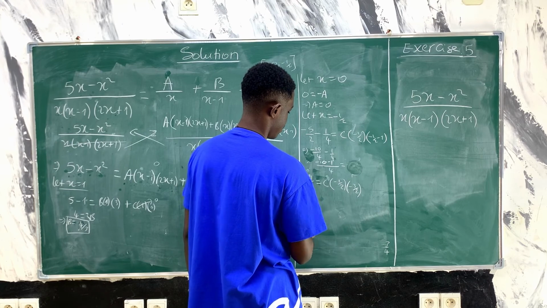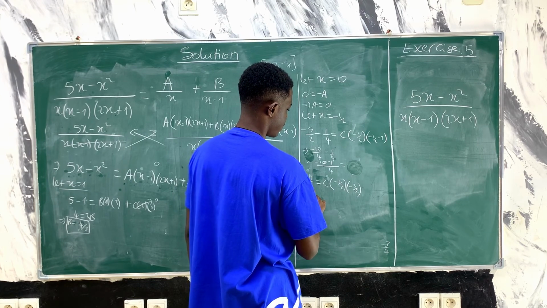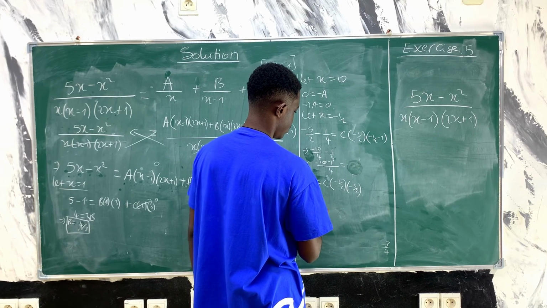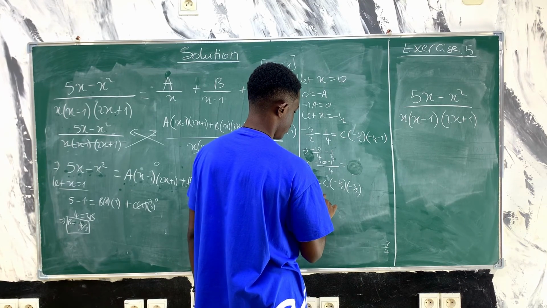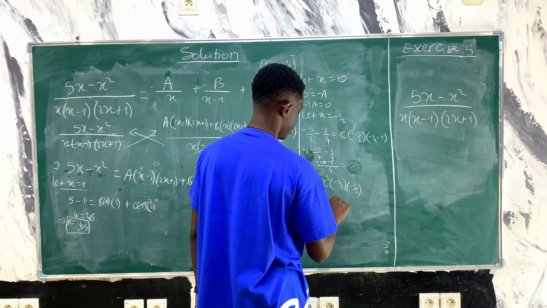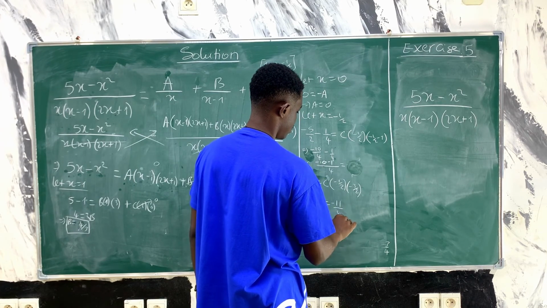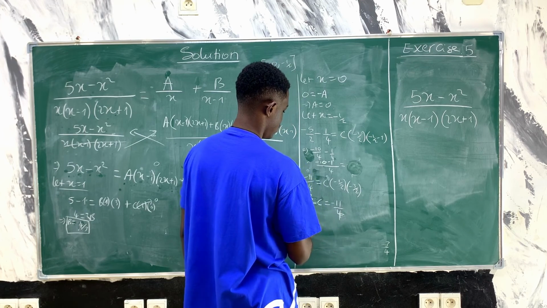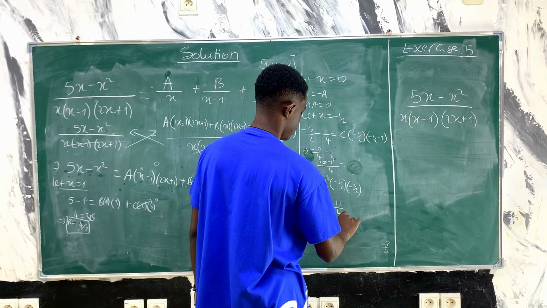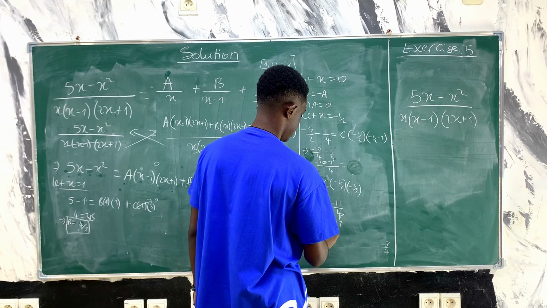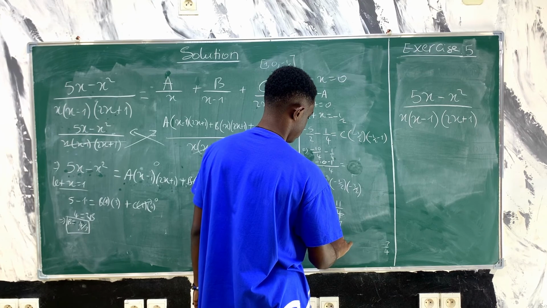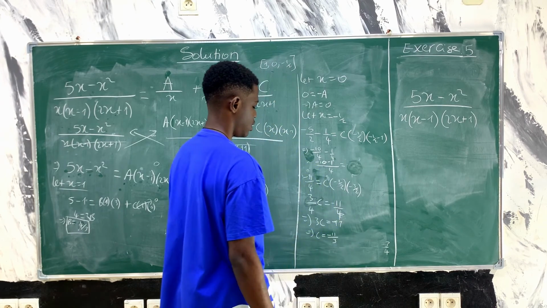I'm going to have 3 on 4 c is equal to minus 11 on 4, which implies 3c is minus 11, which implies c is minus 11 on 3.